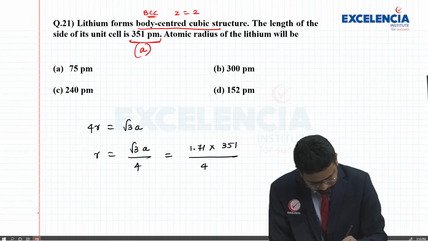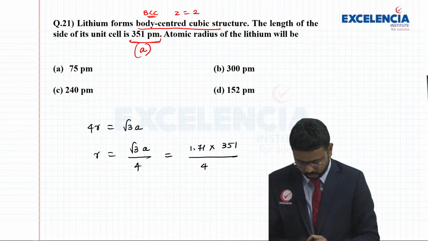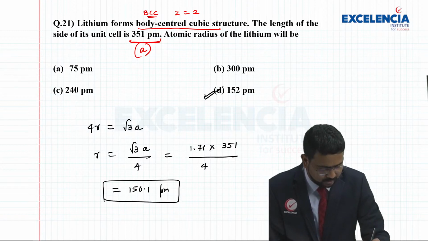So let's quickly do this calculation here. You have 1.71 times 351 divided by 4, right? So that will be near 150.1. So basically it is 152 picometers, right?